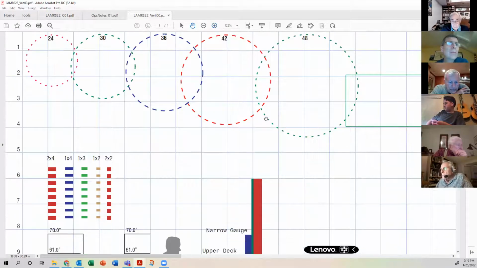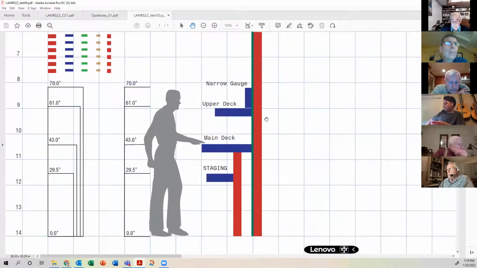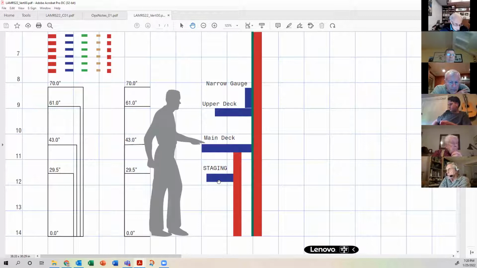One thought I had on, you mentioned possibly running the staging underneath the main yard, is that people working the staging and people working the main yard would be getting in each other's way. That's correct. So on that bottom lobe, between the bottom helix and curve number 4 and curve number 3, those areas would be more lightly occupied by us, because they would be through destinations or light industrial or something.